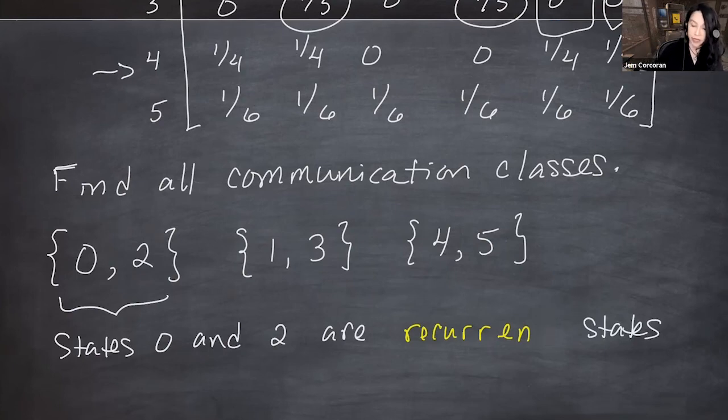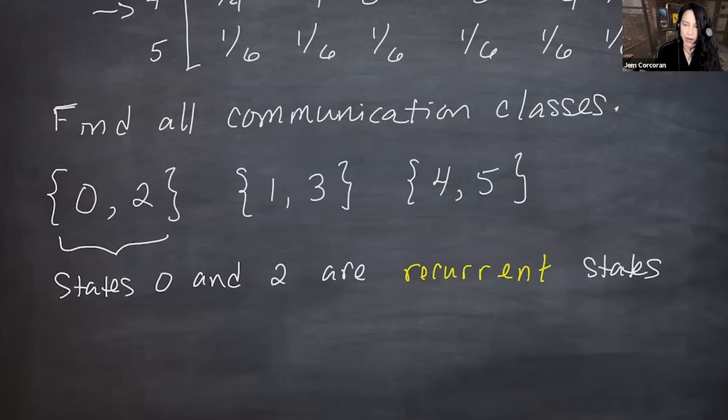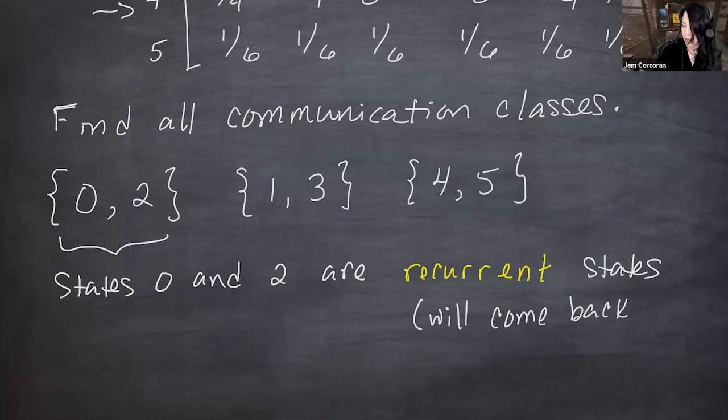It could take you a very long time, but you will come back. They recur. So it's actually a probability 1 statement, and I'll write that down eventually. You're going to come back with probability 1. We'll come back starting at either one with probability 1.